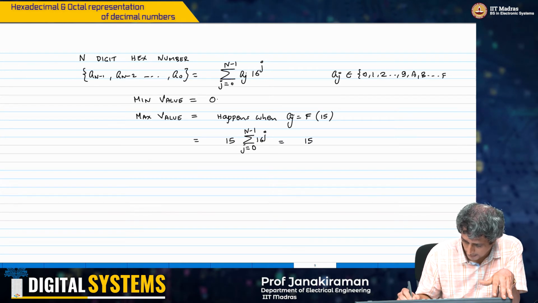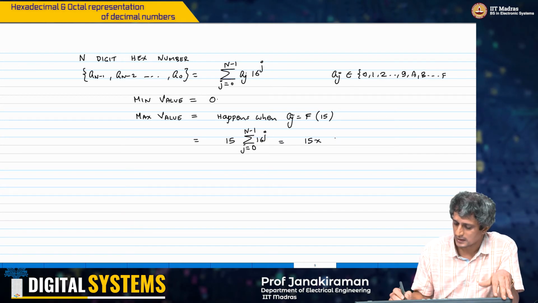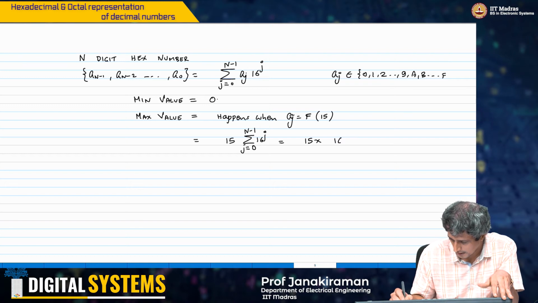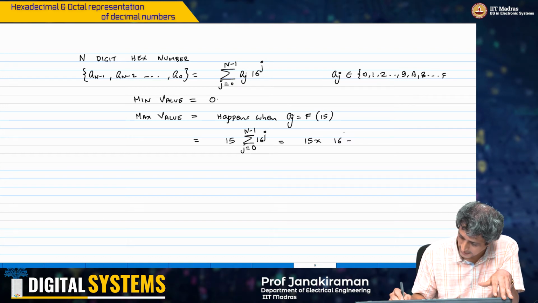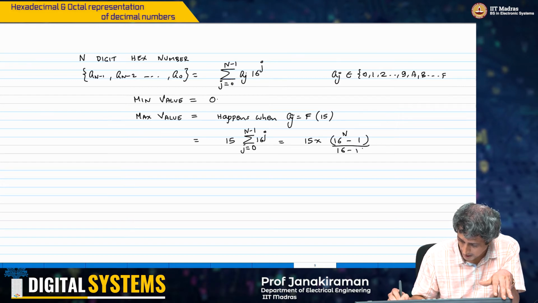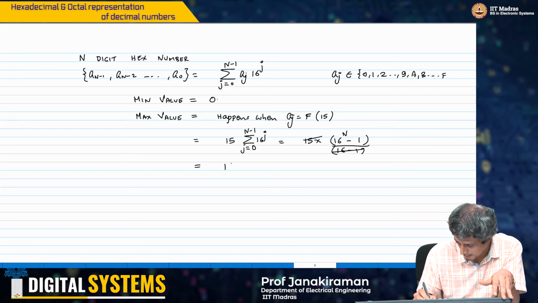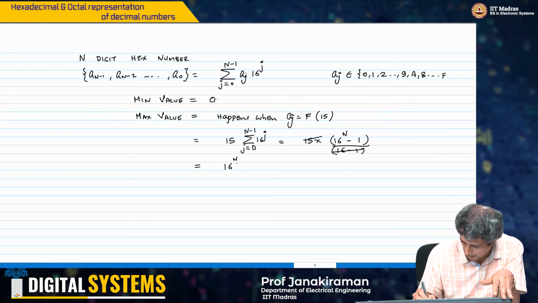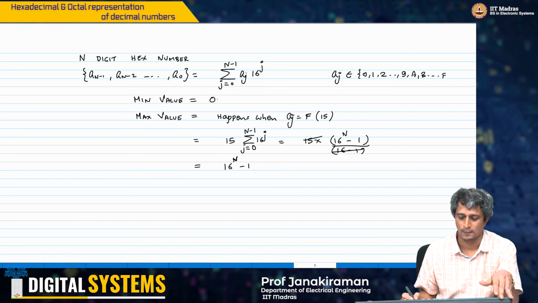I can write this as 16 power n minus 1 by 16 minus 1, and these two will cancel, so it goes to 16 power n minus 1.